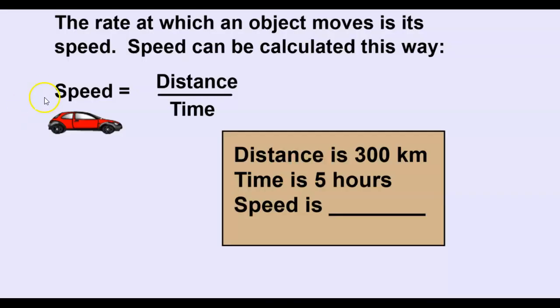So let's look at the rate at which an object moves is its speed. Speed can be calculated this way. You must write this down. You must know this. You must know this for next year, for the testing, at the end of this unit.